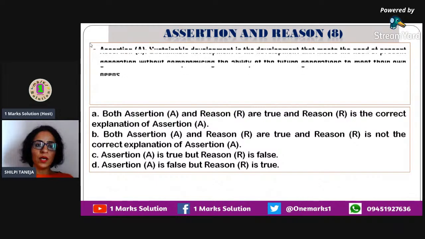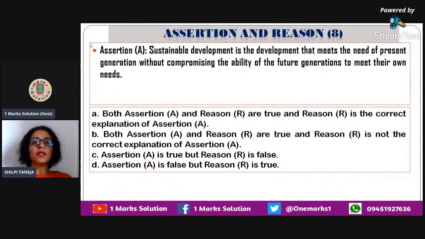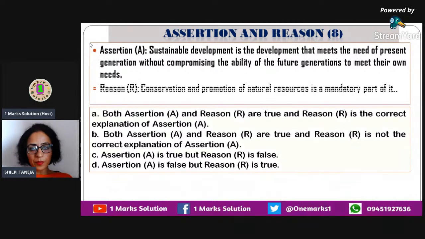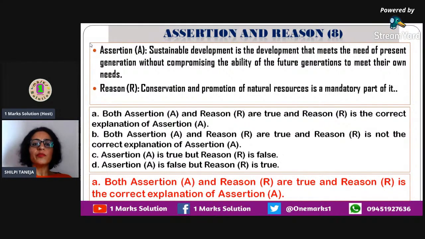Next question. Assertion says sustainable development is the development that meets the need of present generation without compromising the ability of the future generation to meet their own needs. This is the proper definition of sustainable development: we are using the resources, but we should not compromise the need of future generations so that they can also use the resources, right?